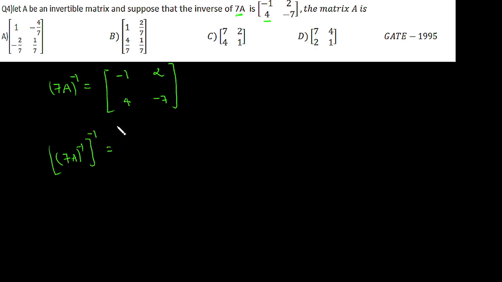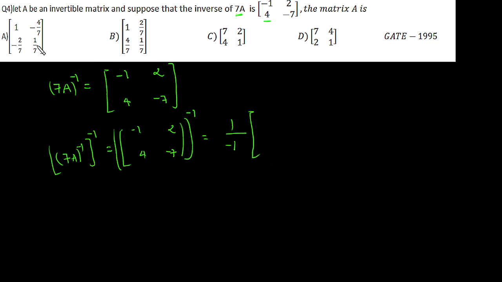Here also we have to find the inverse of this matrix, so use the formula 1 upon the determinant of this matrix. The determinant will be plus 7 minus 8, so minus 1.